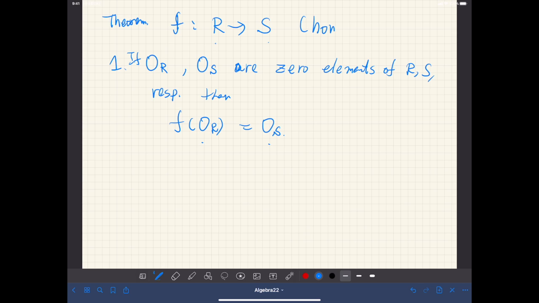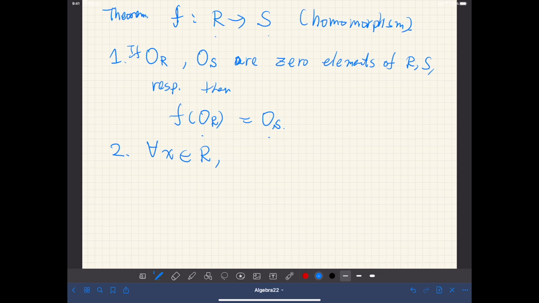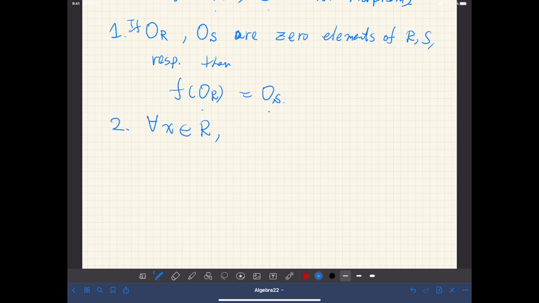Second, for all x in R, we have negative f of x is equal to f of negative x.